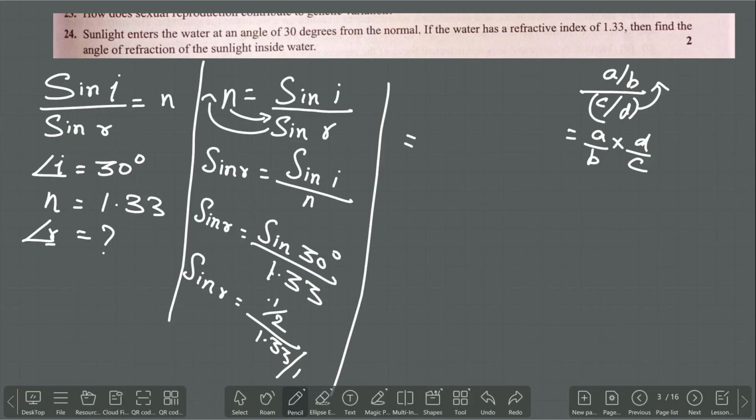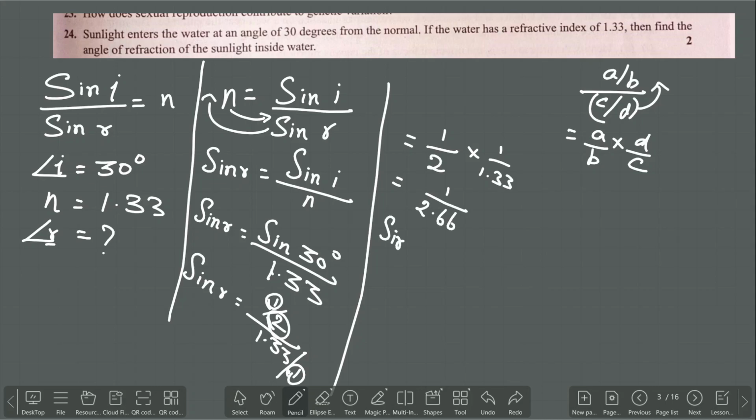Instead of a, what do you have? 1. 1 by. Instead of b, what is in? 2. 1 by 2 into. Instead of d, what is in? 1. Instead of c, 1.33. 1 into 1, 1. 2 into 1.33, 2.66.